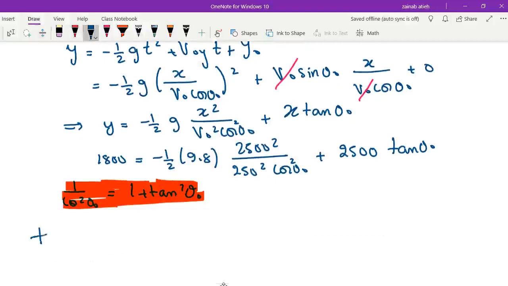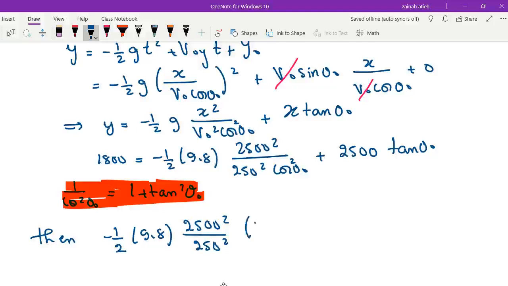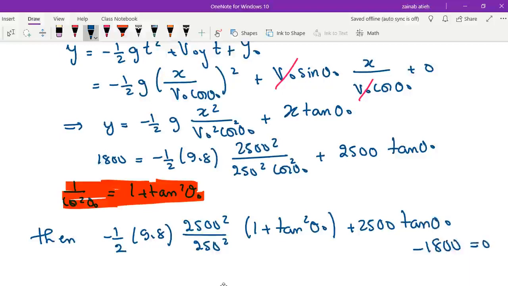So this will give me minus half 9.8 times 2500 squared over 250 squared times 1 plus tangent squared theta 0 plus 2500 tangent theta 0 minus 1800 equals 0.